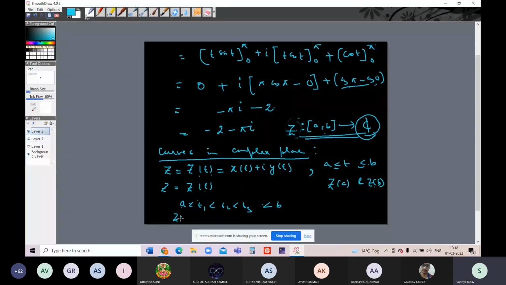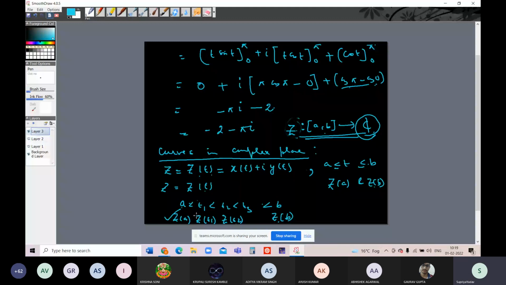Corresponding to this t1, we will get a complex point z(t1). Corresponding to this t2, we will get z(t2). So when we join all these points, we will get a curve in complex plane. So this point z(t) will trace a curve in complex plane which will start from z(a) and end at z(b). So this is called a curve in complex plane.